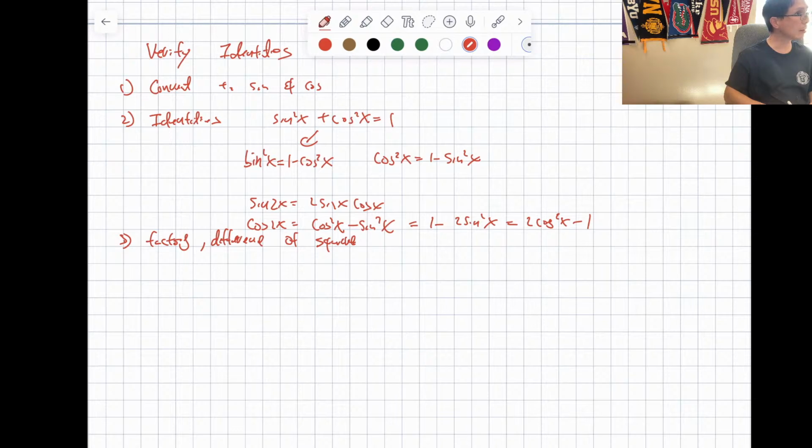Okay, difference of the square, factoring, all those are part of it, also splitting. Do you guys remember what splitting is? So a plus b over c equal to a over c plus b over c.